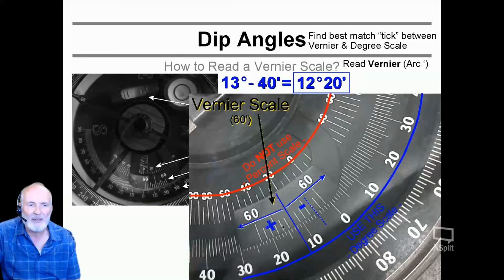If I would go in the other direction and I had a perfect match here, then I would add to the lower number whatever those degrees might be. So hopefully that makes total sense. Verniers are kind of cool, the way they have put them together.